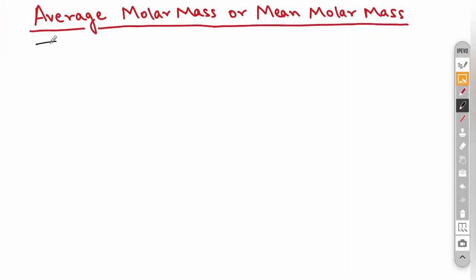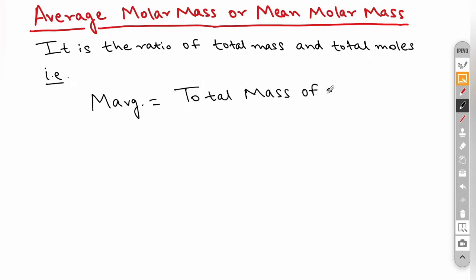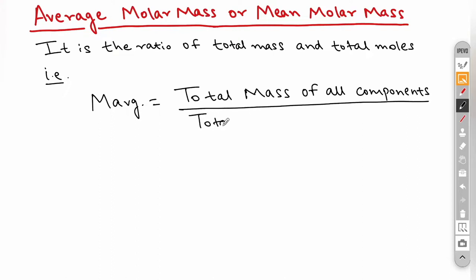We define it as the ratio of total mass and total moles, such that M average molar mass is equal to total mass of all components divided by total moles of all components.